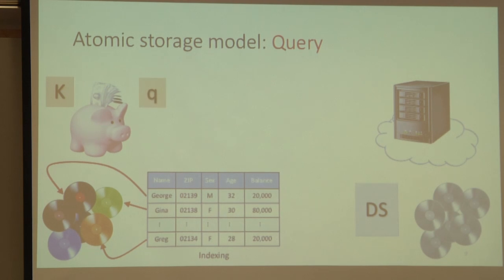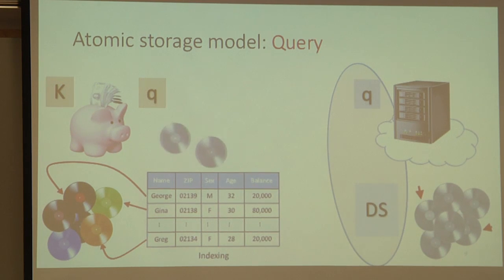Then, if we want to ask a query, we're going to encrypt the query so no one knows what exactly we are asking for, and send it to the cloud. By using the data structure and this encryption of the query, we can find which ciphertexts, which records, we need to retrieve. Let's say we need these two records. So we retrieve these two encrypted records, and using the key, we decrypt them.